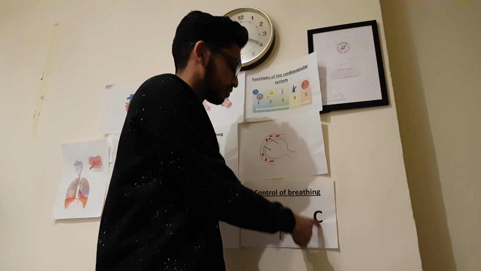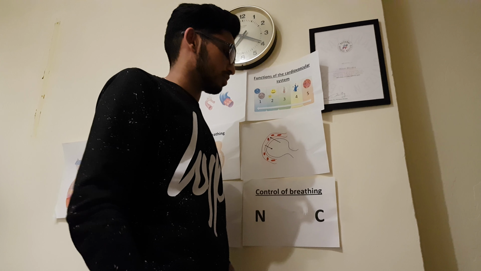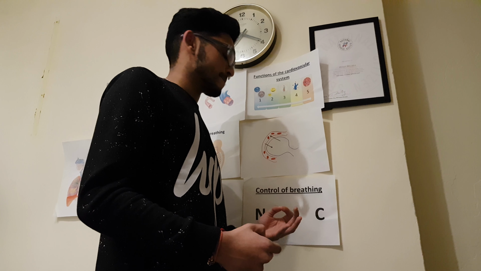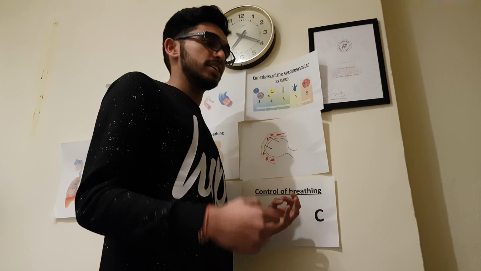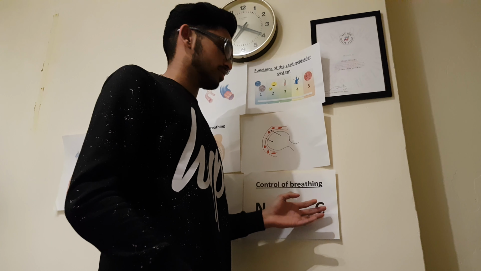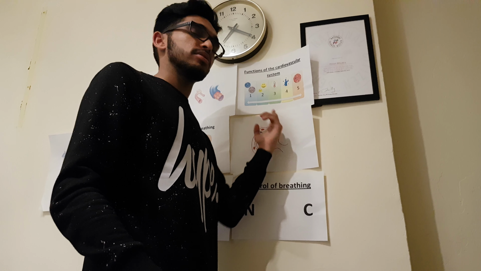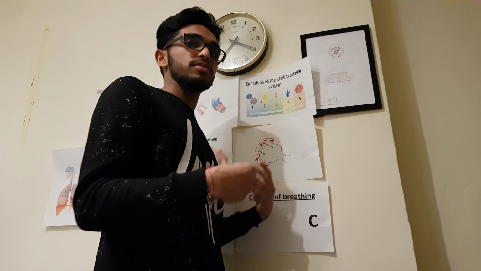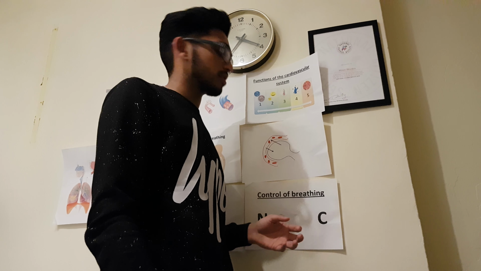Lastly, we've got chemical control, and this is related to the pH in our blood. If there's a decrease in the pH in our blood, chemoreceptors detect this, and they know that there's an increase in the CO2 levels in the blood. So the chemoreceptor sends signals to the medulla, which sends signals to increase the breathing rate, and the medulla then sends signals down the phrenic nerve, telling us to increase our breathing rate to increase oxygen uptake into our body, as well as depth.